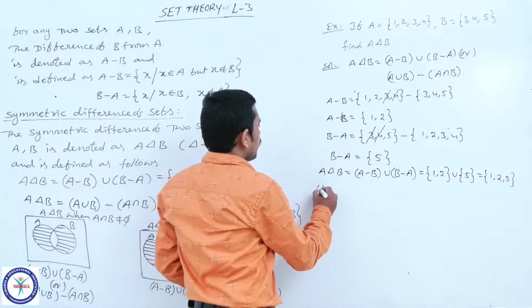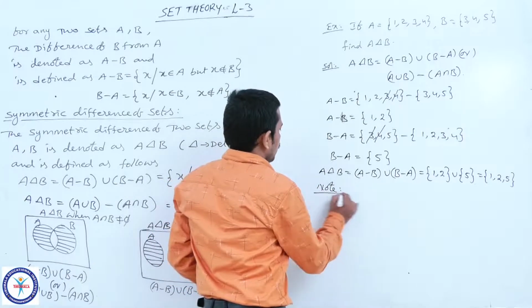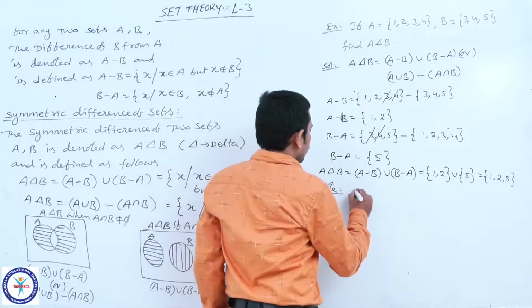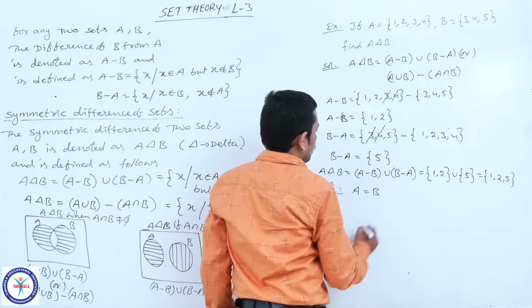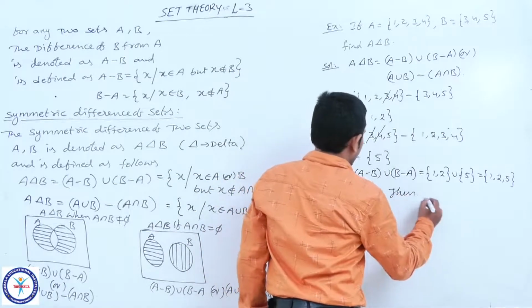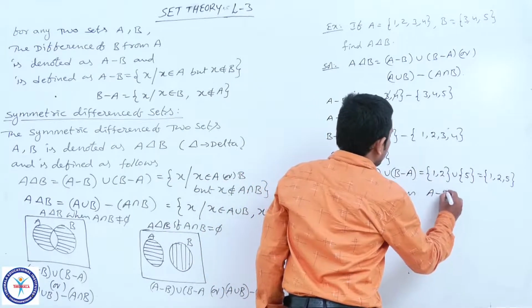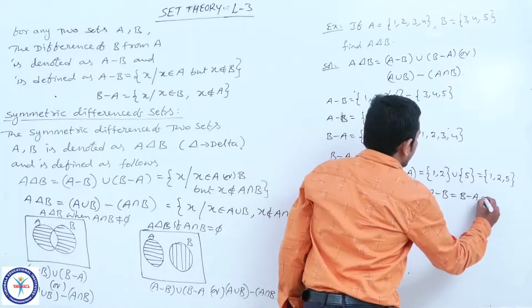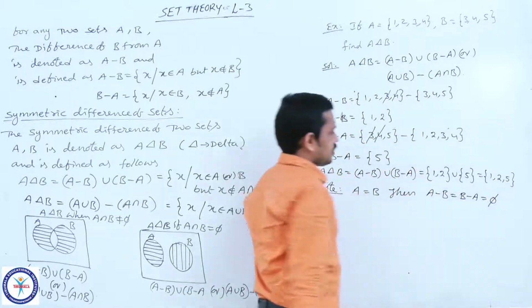Now we will see some more properties of difference of two sets. Suppose set A is equal to set B, then A minus B is equal to B minus A is equal to the null set. Why?